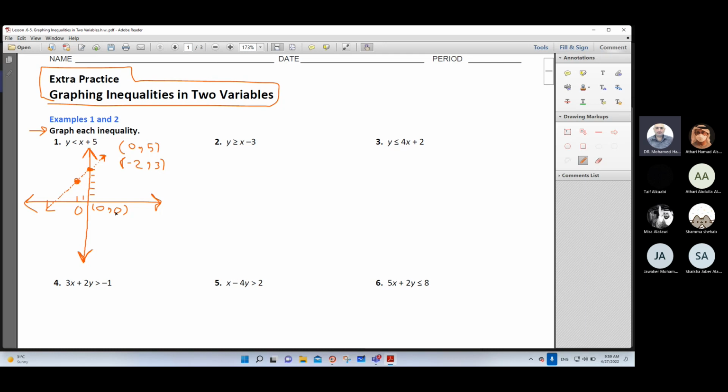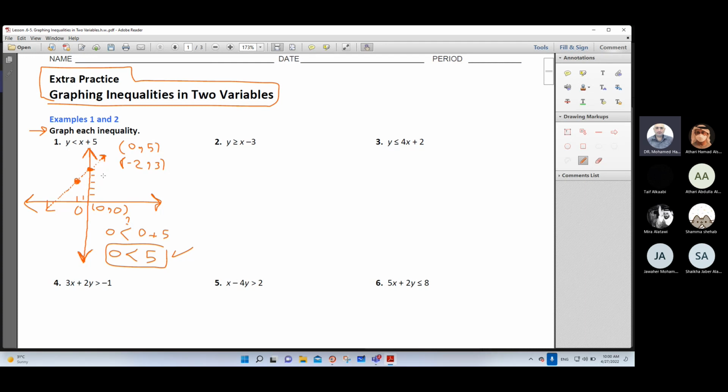So substitute the values of x and y as 0. Is 0 less than 0 plus 5? 0 is less than 5. So this is correct, which means (0, 0) is in the area of the solution.